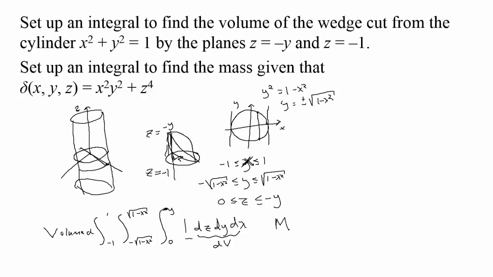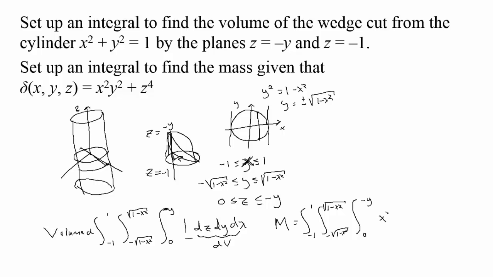If we want the mass, since we're in 3 dimensions, the density would be mass per volume. So we would just do the integral from -1 to 1, and from negative square root of 1 minus x squared to positive square root of 1 minus x squared, and then from 0 to negative y. But instead of integrating 1 dv, we're going to take density dv.